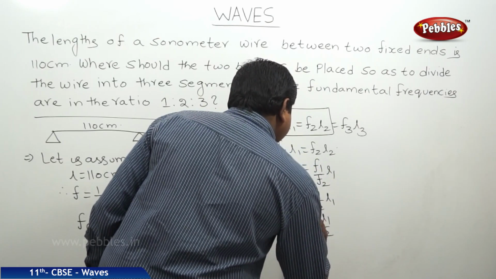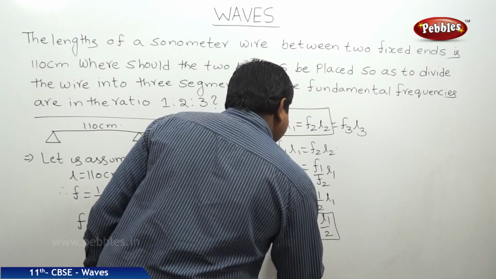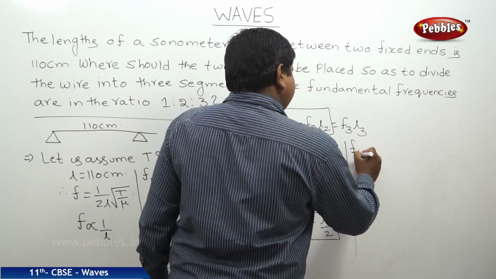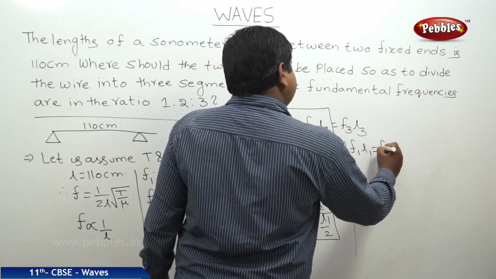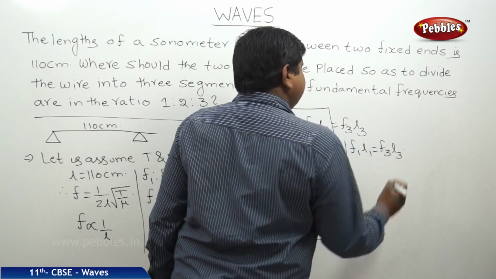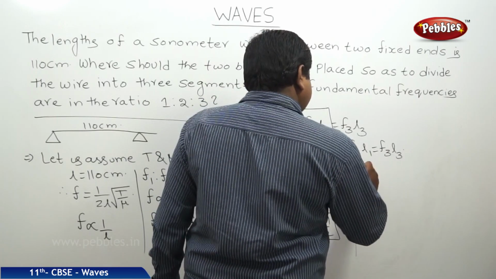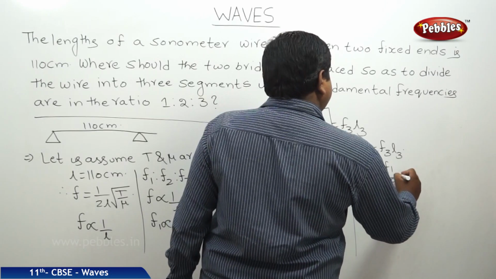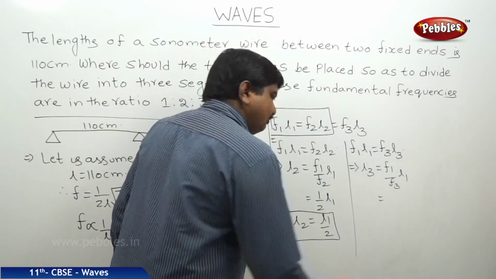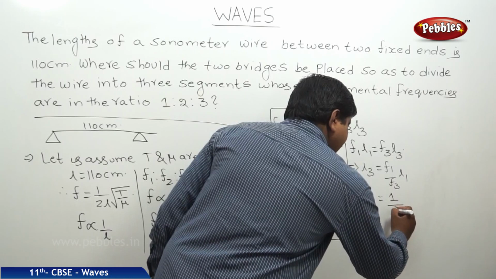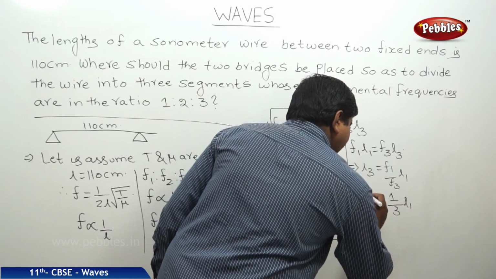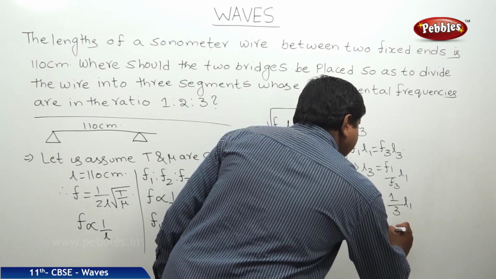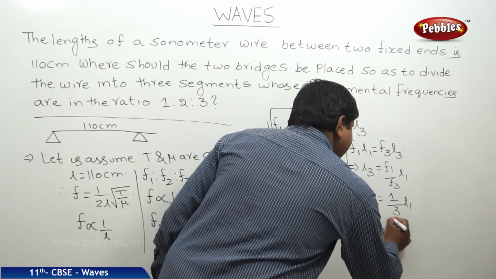Again comparing F1L1 is equal to F3L3, L3 is equal to F1 by F3 into L1. F1 is equal to 1, F3 is equal to 3. Therefore, L3 is equal to L1/3.